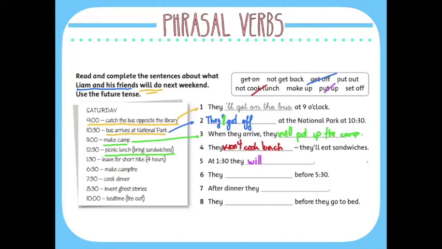No. Short hike is una pequeña escalada. So they are now in a place and they will go to another place. So now the action. So at 1:30, they will set off. Very good.